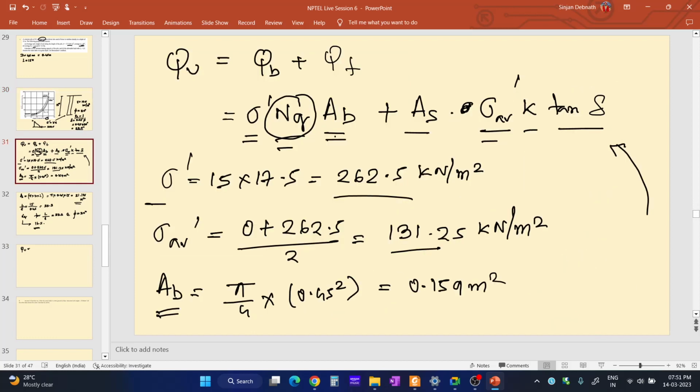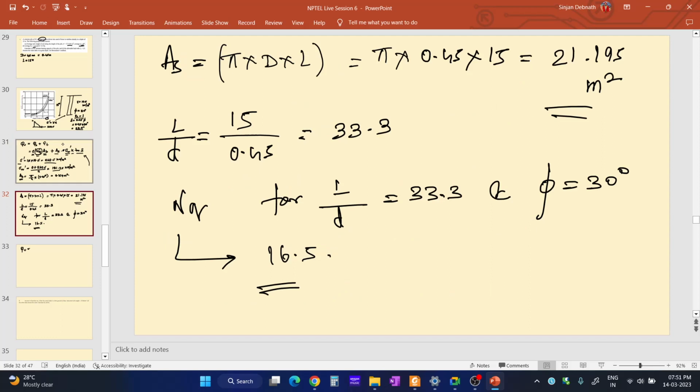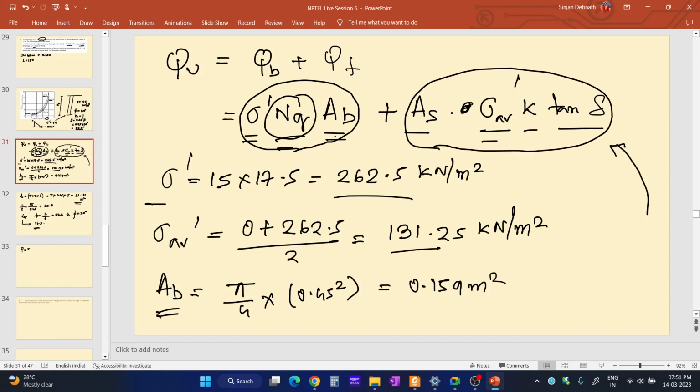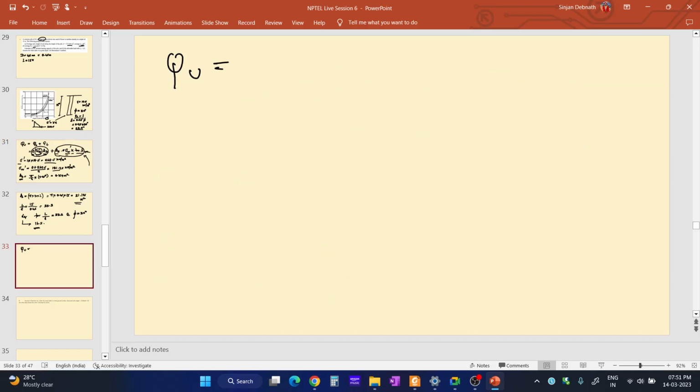So after calculating, this part is QB, that is the end bearing resistance, and this part is QF, that is the skin friction resistance. After putting all the values into this equation and solving, you get the value of the total ultimate bearing capacity of the pile, which is QU, that is the ultimate load. It comes out to be 1841 kilonewton.